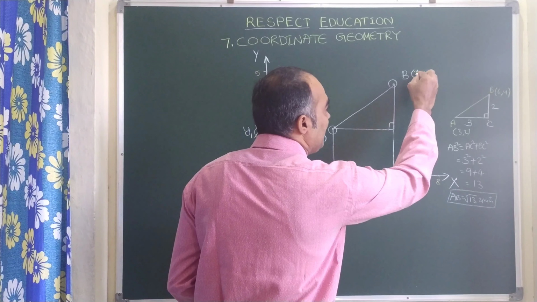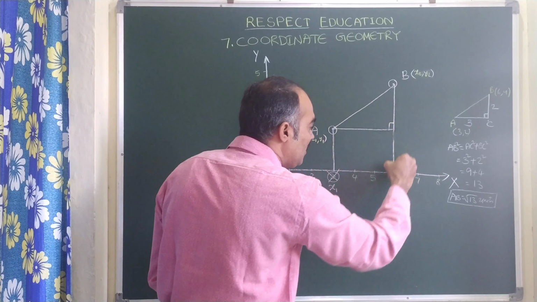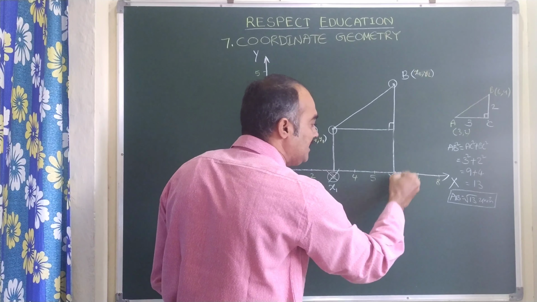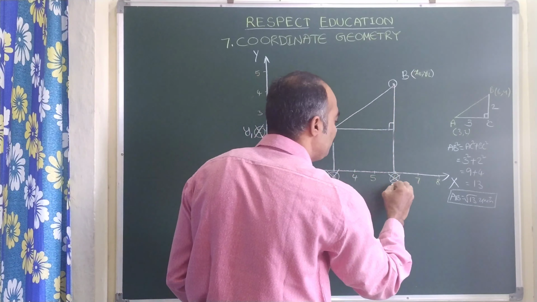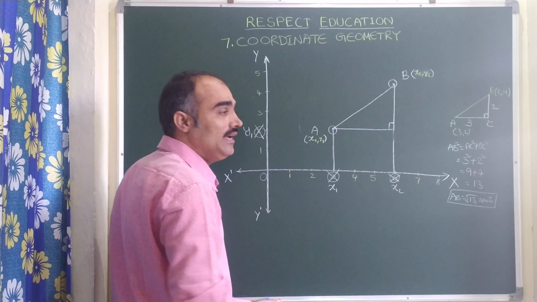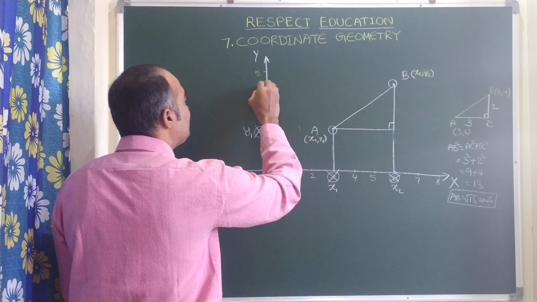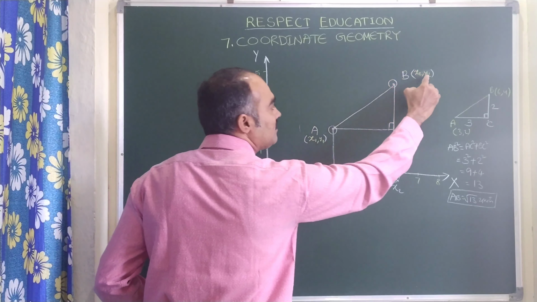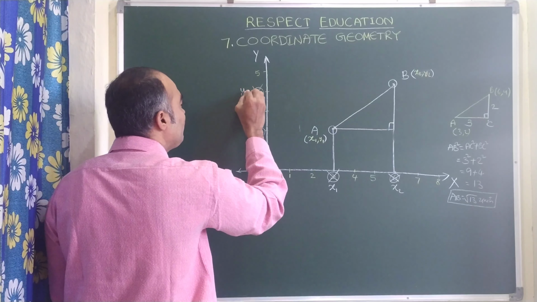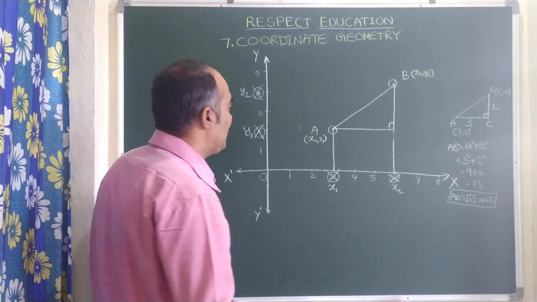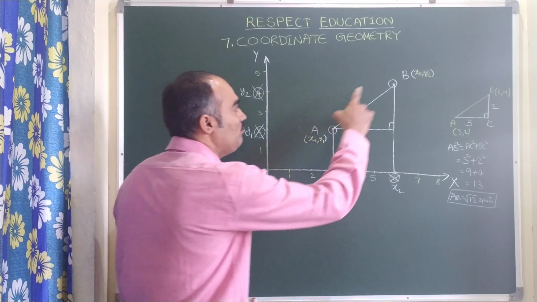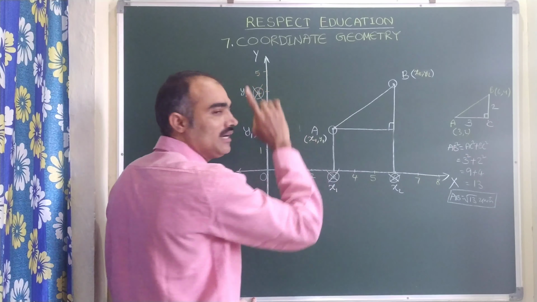Now here B, x2 y2, the corresponding x value 6 can be replaced with x2. The corresponding y value is 4, that can be replaced with y2. Clear? Now here A x1 y1, B x2 y2, their corresponding values are ready.